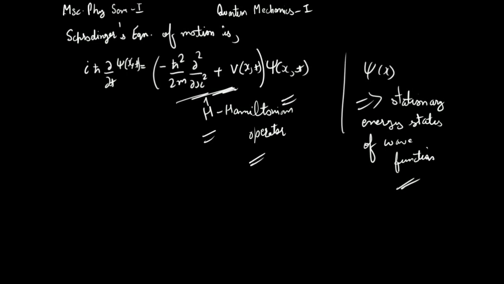This operator gives you the value of energy when it is applied on the wave function. When it is operated on the wave function, it changes the wave function, and the resultant value is the actual energy state of that wave function.